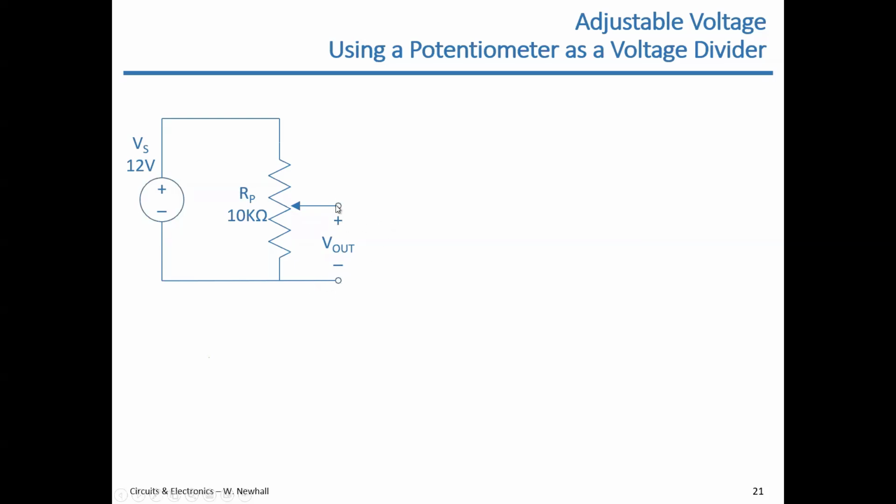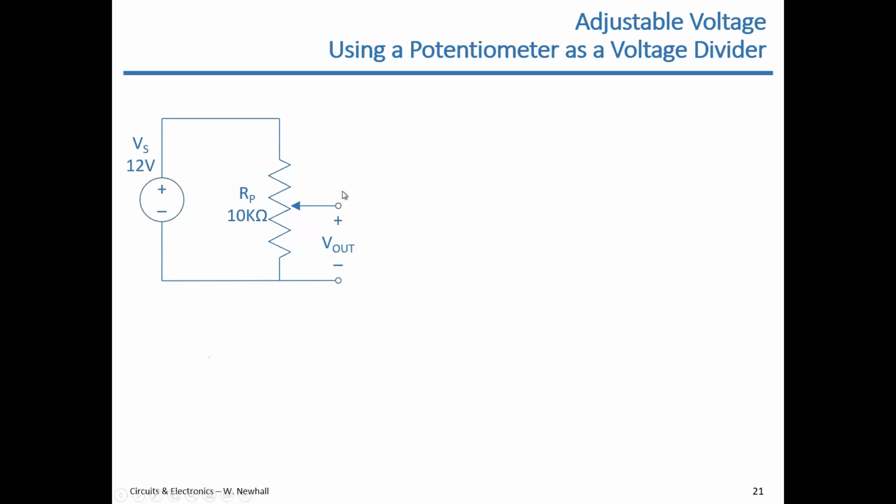But if you assume that output is connected, let's say, to a really big resistor, like 1 megohm, or I'm connected to the input of a device like an operational amplifier that has equivalently a big resistance at its input, then this circuit works very well to provide an adjustable voltage reference.